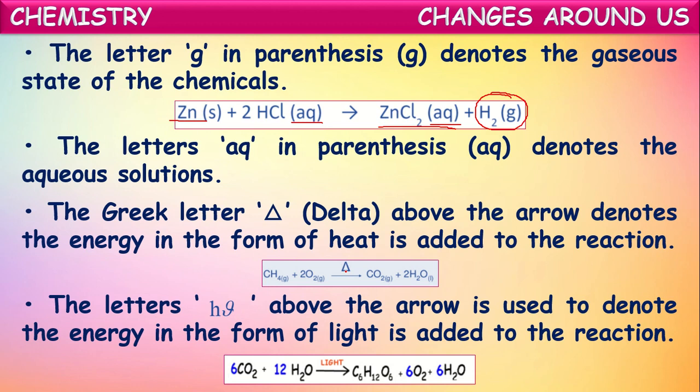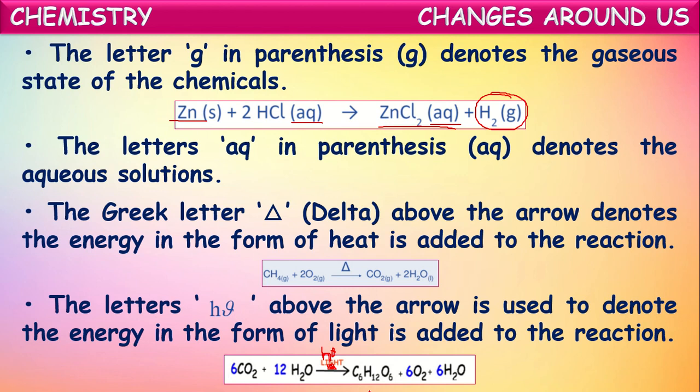So in this reaction, as light energy is absorbed, we can represent it on the arrow mark instead of writing light. Or else it can often be represented with H nu also. Sorry, it is not delta, it is H nu. H nu is written on the arrow mark to represent the absorption of light energy for the formation of products.